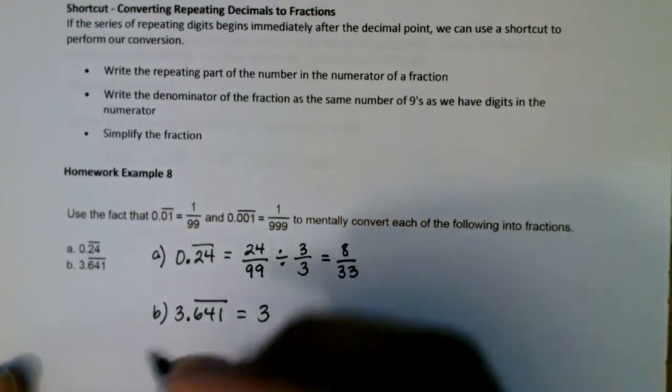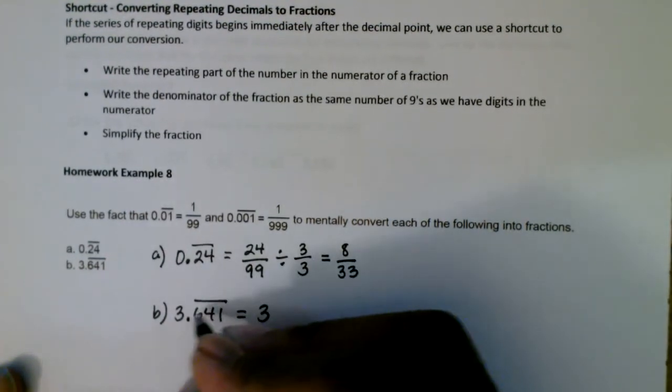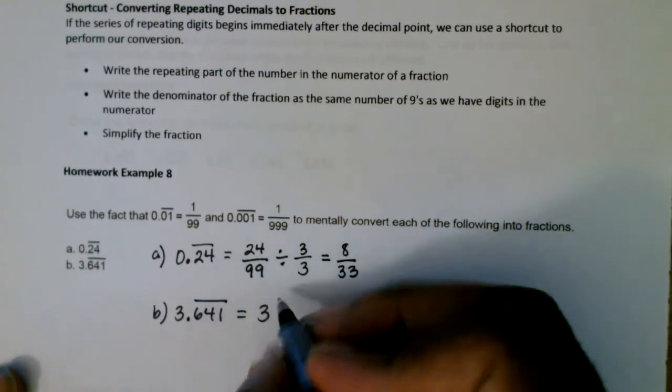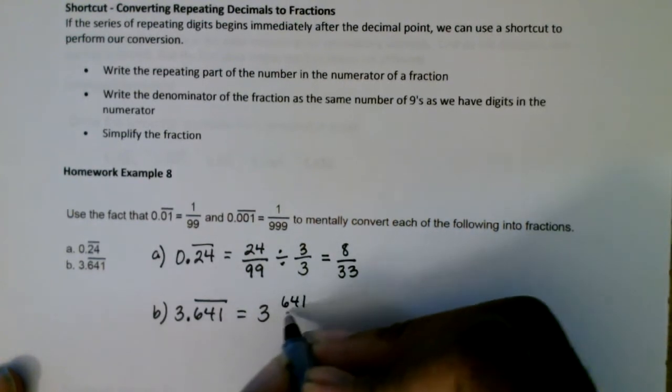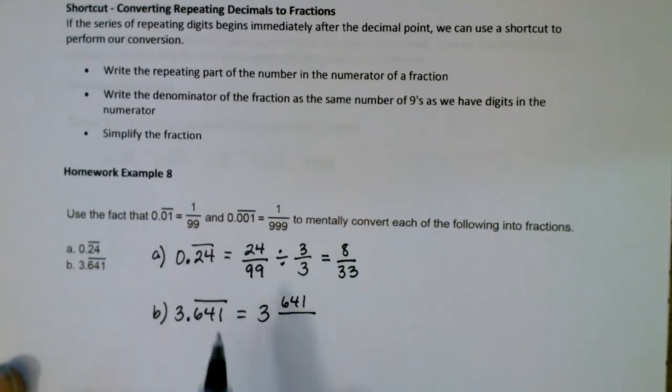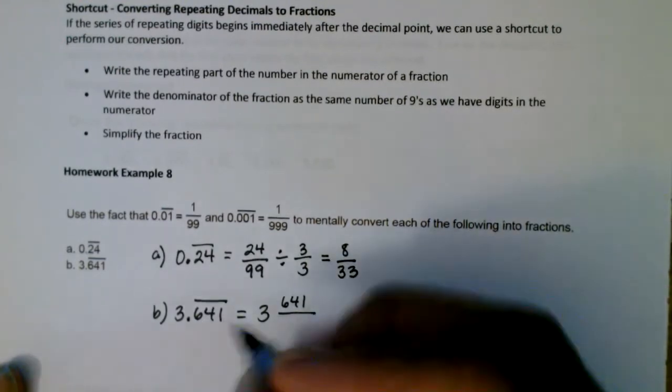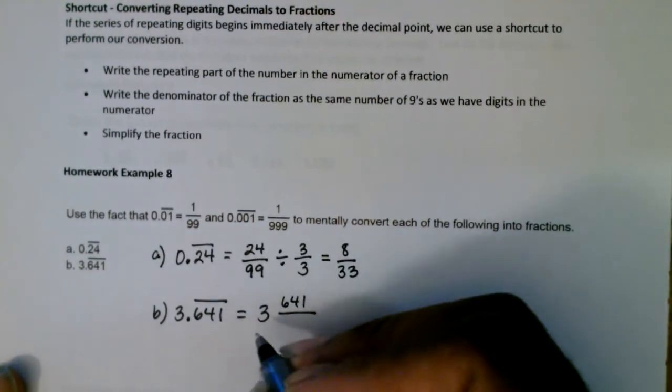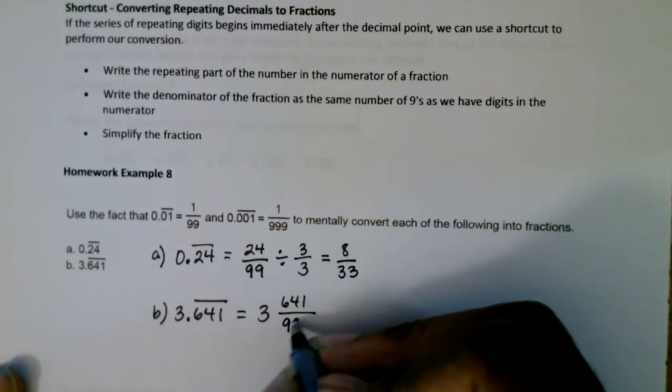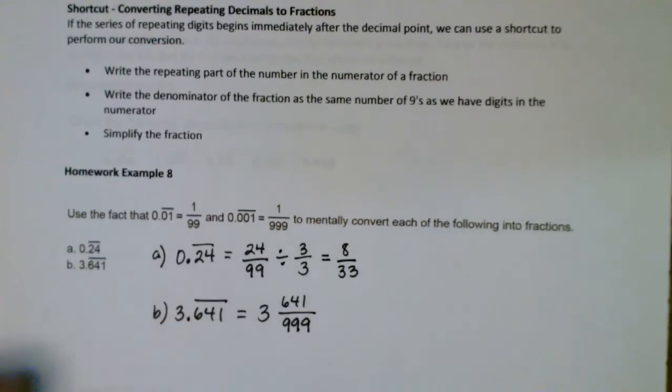Now, what's under the repeating bar is the 6, 4, and the 1. That goes in the numerator. That's going to be over... Here there are 3 digits that repeat. So for every digit that repeats, we need a 9. So there are 3 repeating digits, so that means 3 nines.